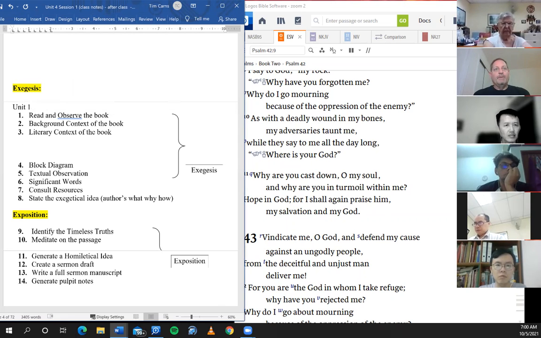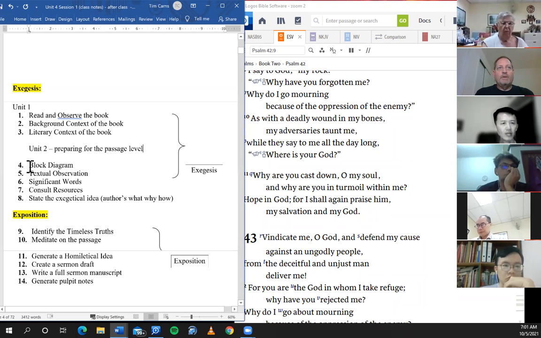And we spent time looking at how to study first the book overall so that we could gain an understanding of the context of the book, the background, the author's flow of thought, these things. And then we spent time in Unit 2 really preparing for the passage level, which is steps 4 through 8.